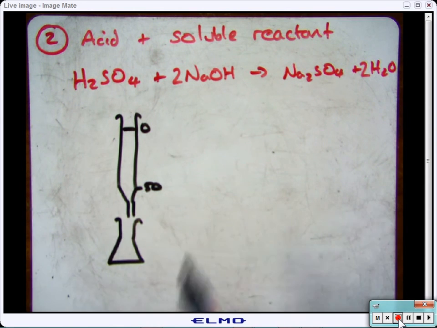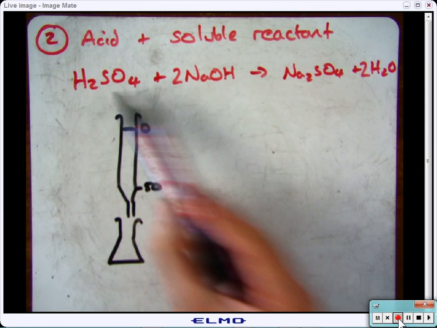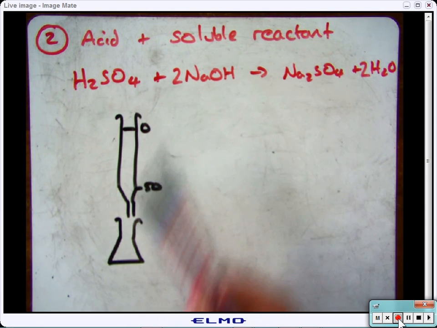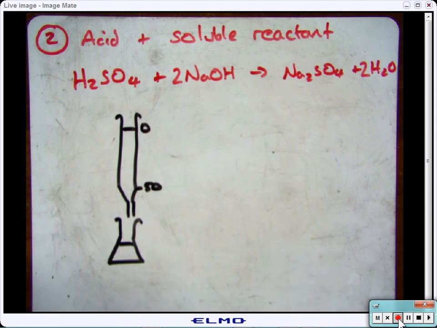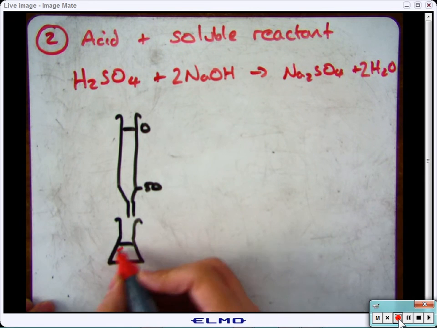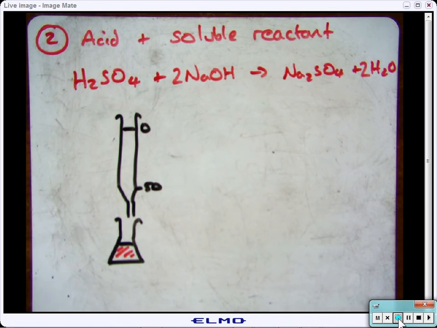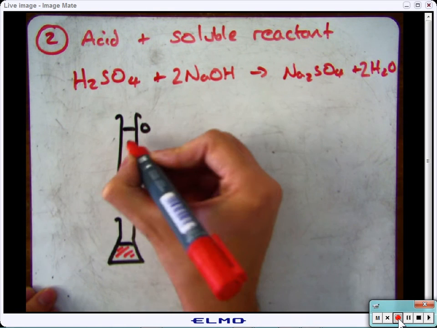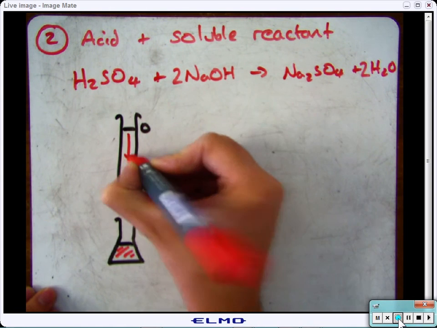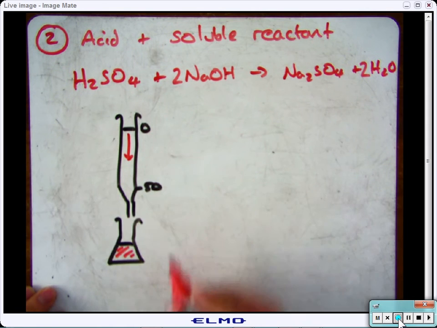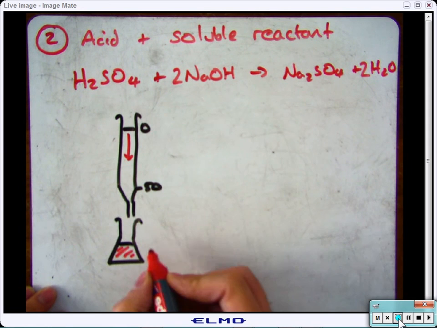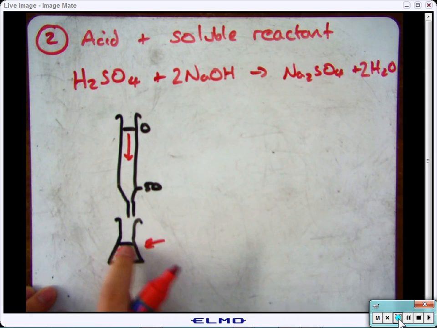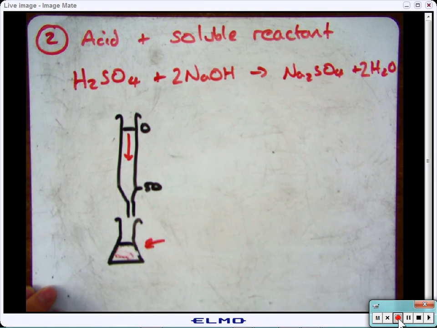So take your sulfuric acid, take your sodium hydroxide, and then add in an indicator. So that indicator might be phenolphthalein, it might be methyl orange, it might be any other type of indicator. Now what you do is you carry out a titration and you find out how much of one it takes to neutralize the other, to change colour.